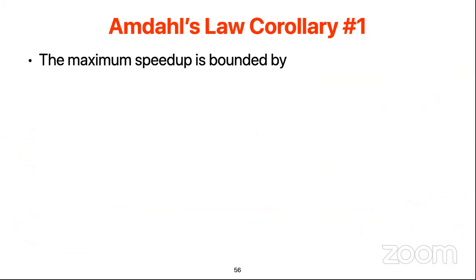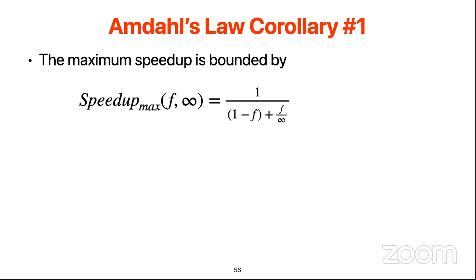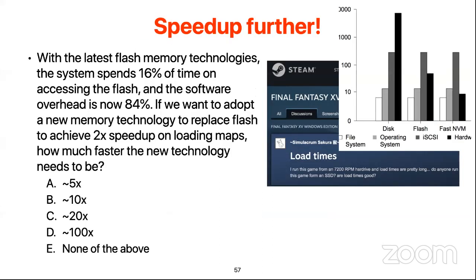So here is the first Amdahl's law corollary: the maximum speedup is bounded by 1/(1 minus f). And we derive this because we can put infinity in your S part. And by doing this, you will figure out that's the maximum speedup you can get.